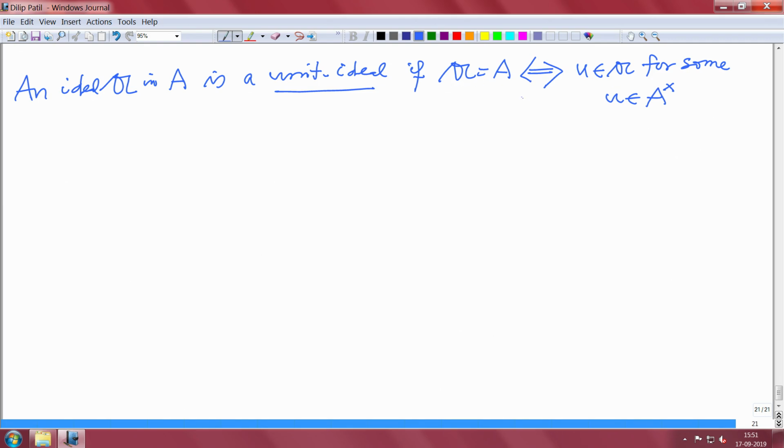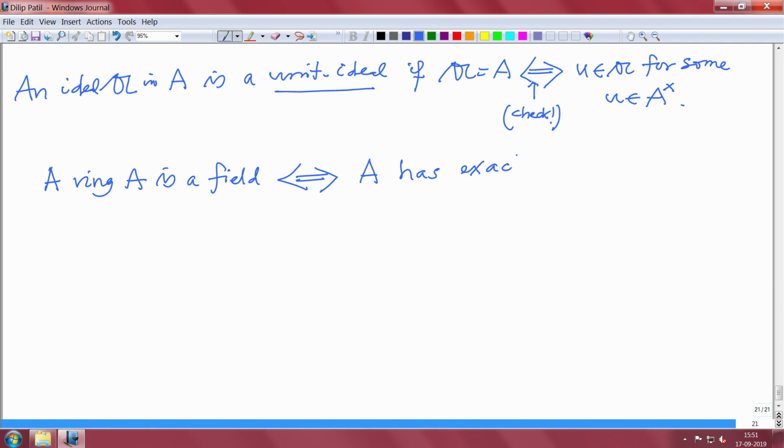We just check this, this is obvious, but I would like you to keep checking things so that things become easier and easier. So, another last observation: a ring A is a field if and only if A has exactly two ideals.